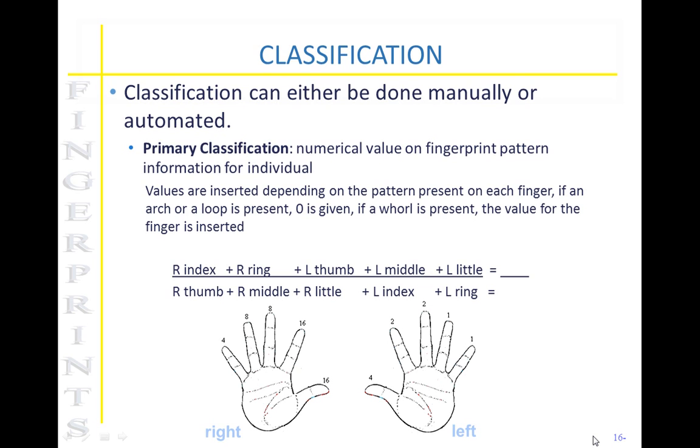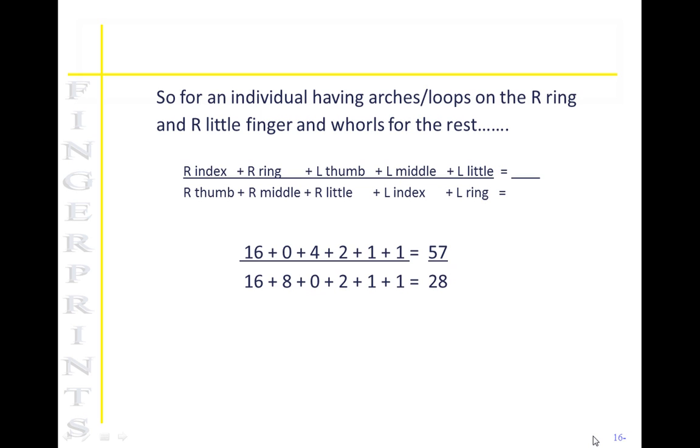If a whorl is present, the value for that particular finger is inserted into the formula. So if we look at a particular example, if this individual had arches and loops on the right ring and right little finger and whorls on the rest of the fingers, this is the numerical identification that would be obtained.